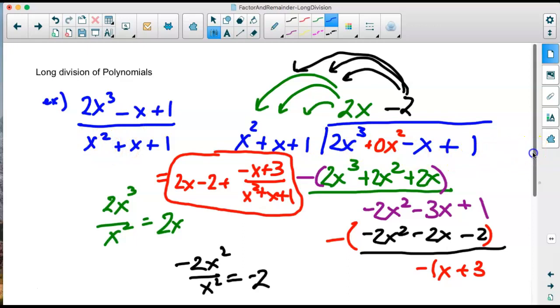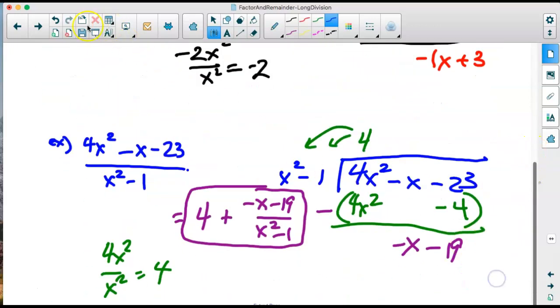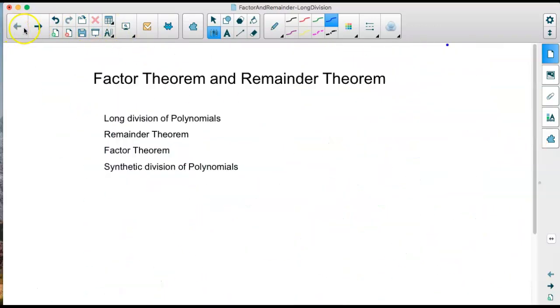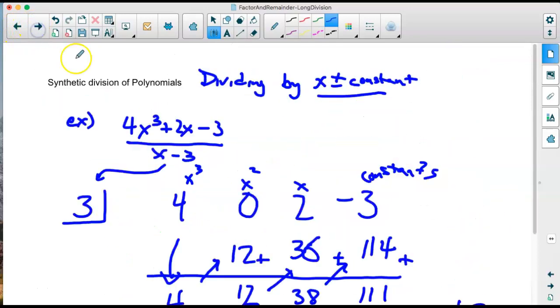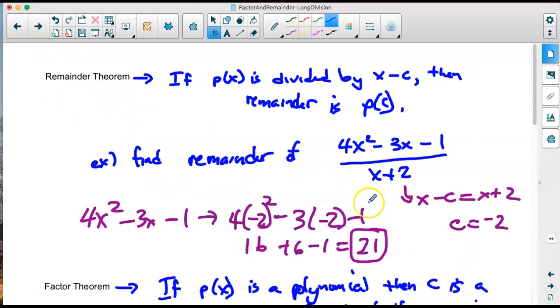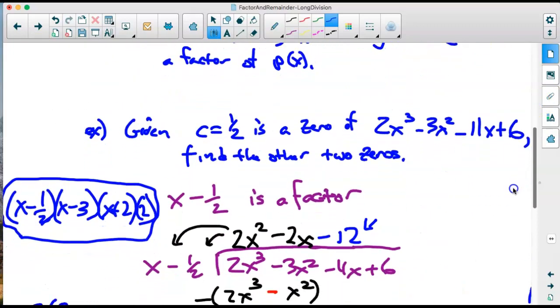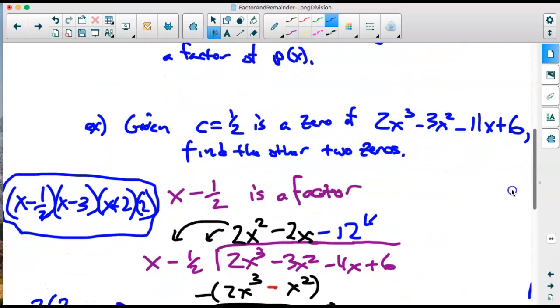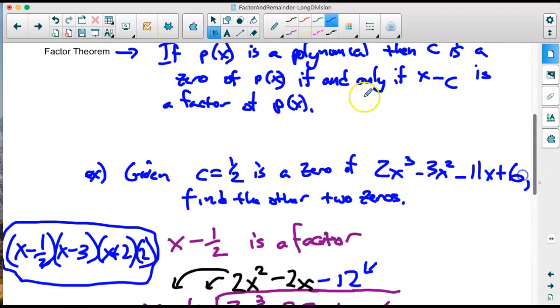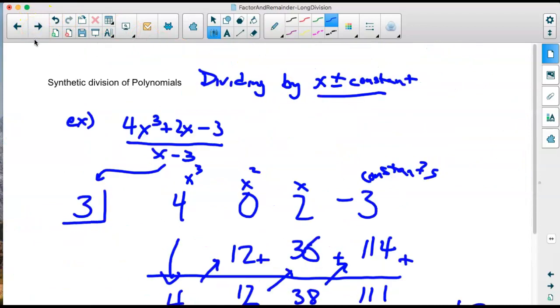We couldn't do synthetic division on this one because it has an x squared. But we could use synthetic division on this one, and I can do this one by synthetic division. So these two on the previous page, we can use synthetic division to divide them.